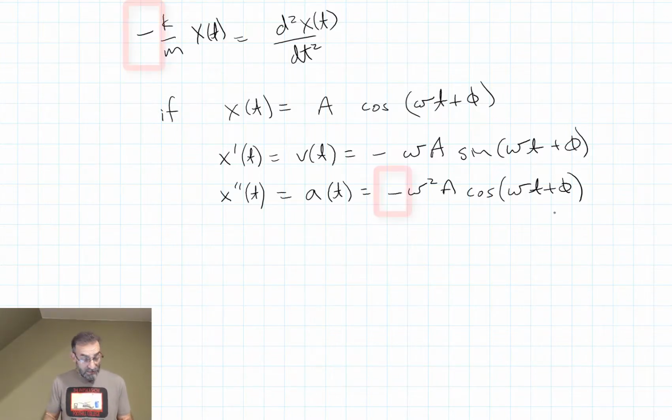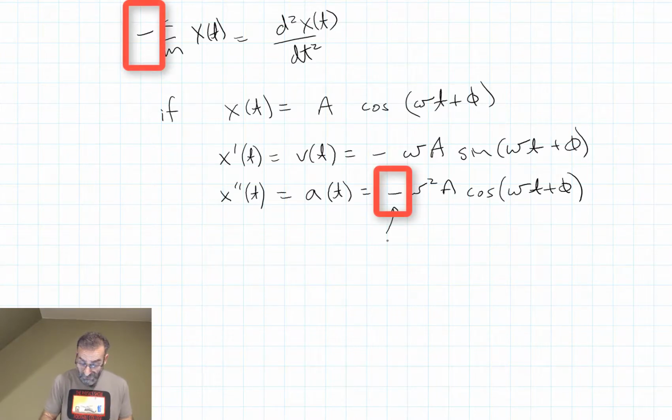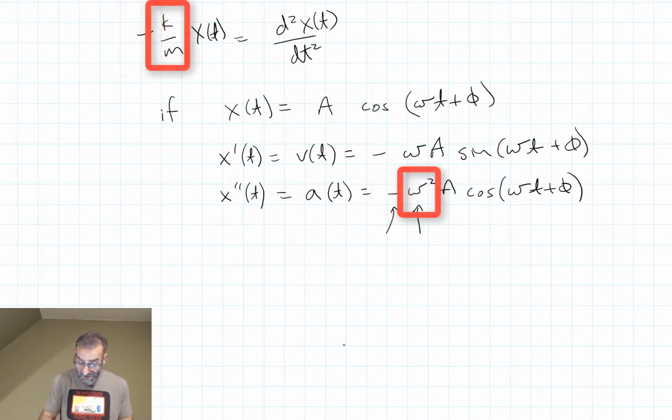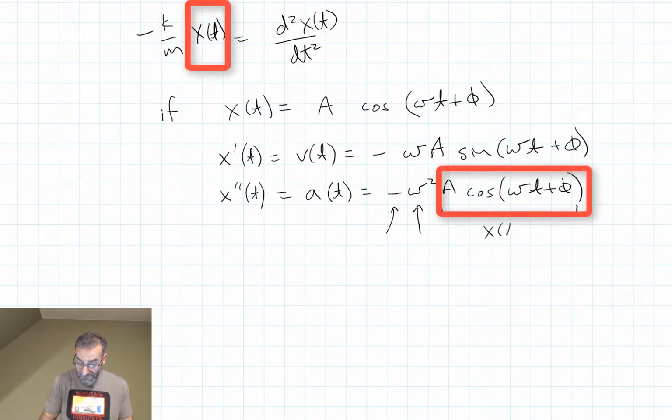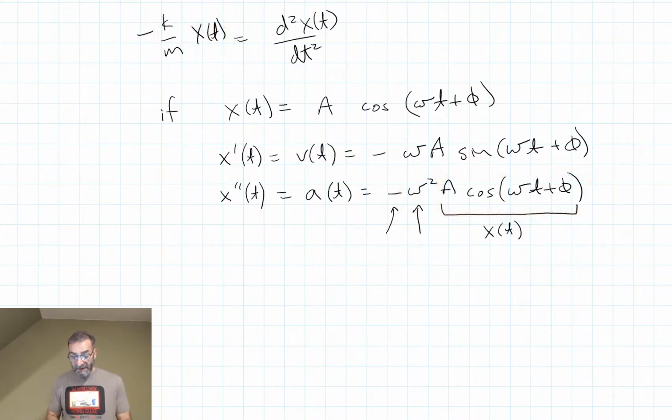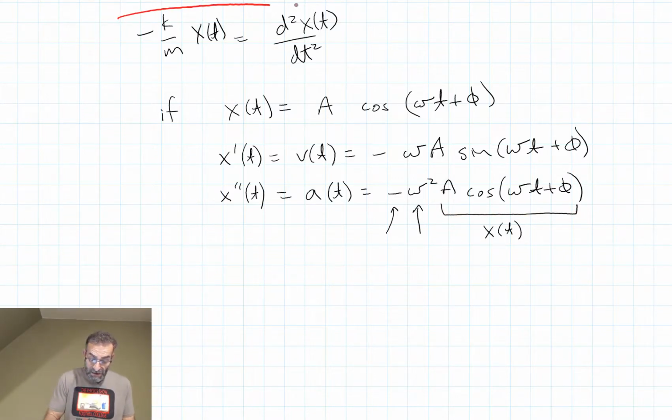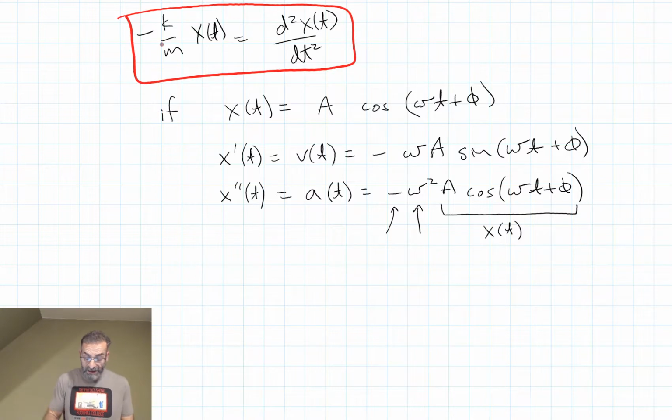We now have negative, a constant, times our original function, x of t. So my formula up here said, I take the second derivative of x with respect to time, I should get negative, a constant, times my original function.